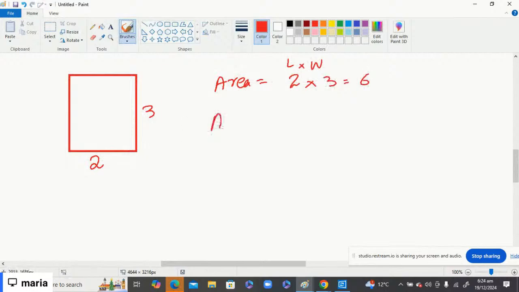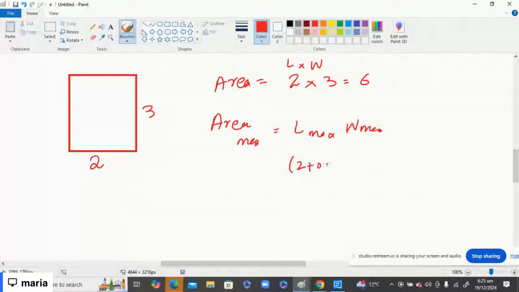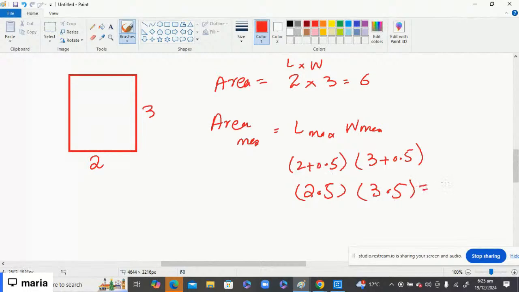Now finding the error, area maximum, which shows length maximum, width maximum. 2 plus 0.5, 3 plus 0.5. This becomes 2.5, this becomes 3.5. Now just simply multiply 2.5 and 3.5. You get the answer 8.75.